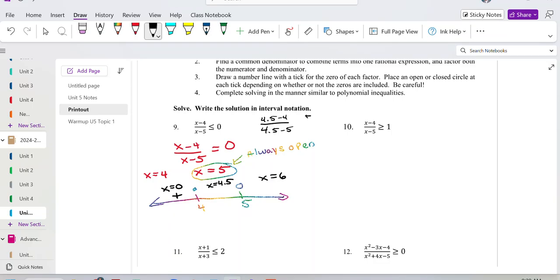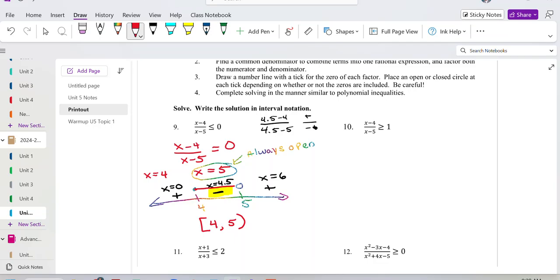So that's like a positive number over a negative number. So that gives you a negative. And then if you put in 6, it gives you 2 positives. So when it says it's less than 0, you're looking for the negative. So that means it would connect between the two here. So the answer is between 4 and 5. It includes 4, but not 5.